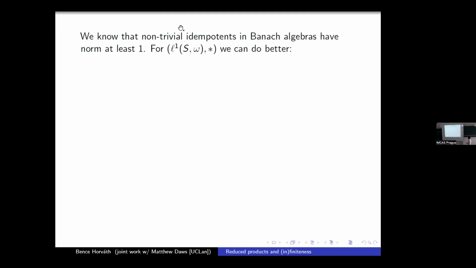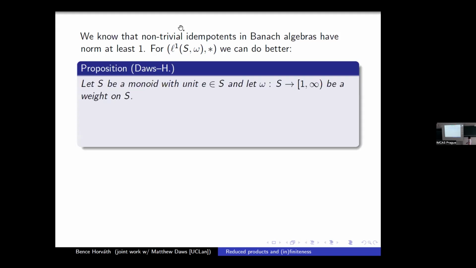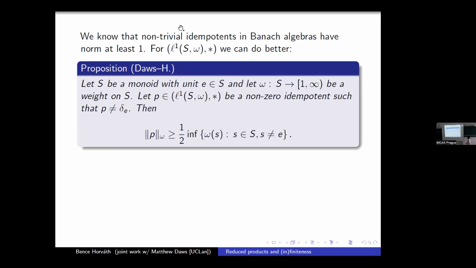But actually, in these weighted L1 Banach algebras, you can do slightly better. Namely, if you have any monoid S with a unit and a weight on S, and you have a non-zero idempotent which is also not the identity, then in this norm you can bound the norm of your idempotent from below by this quantity.